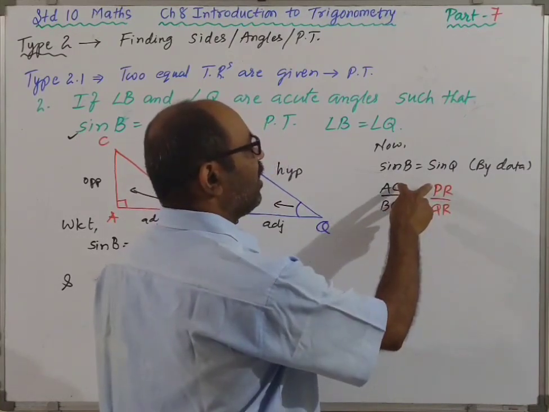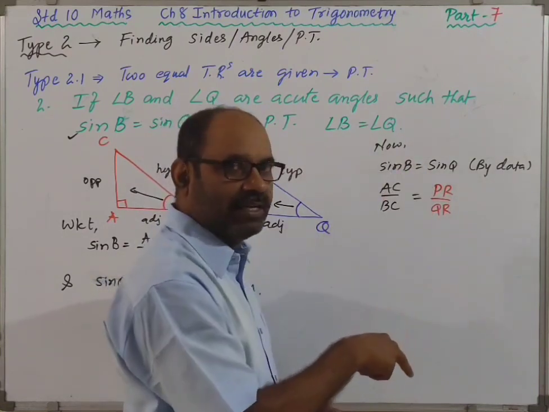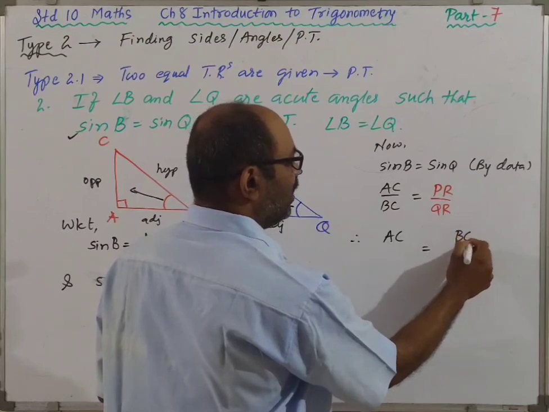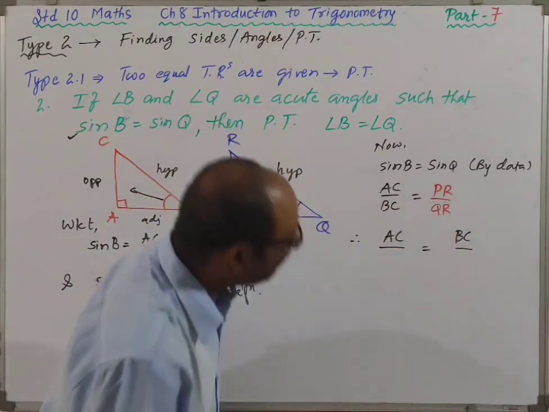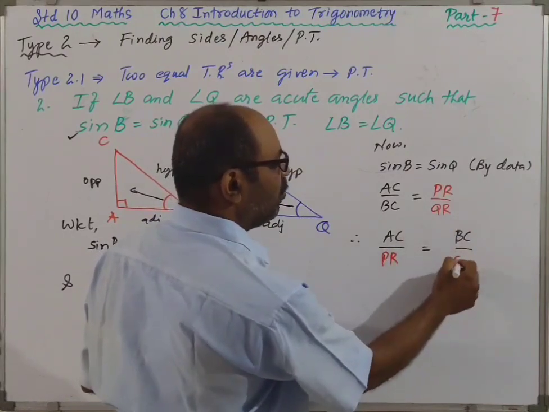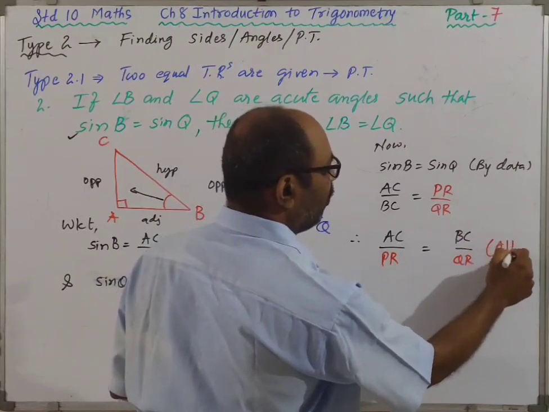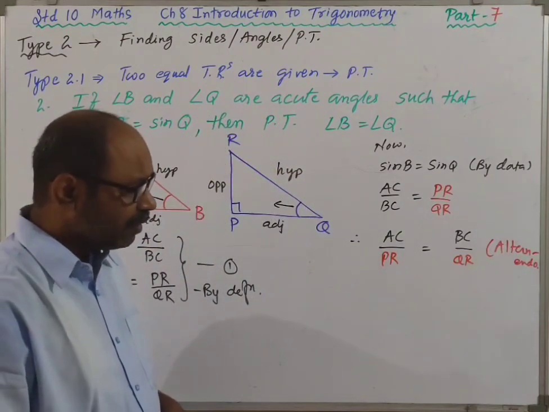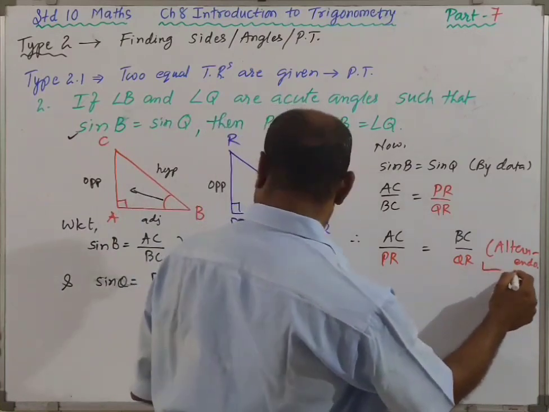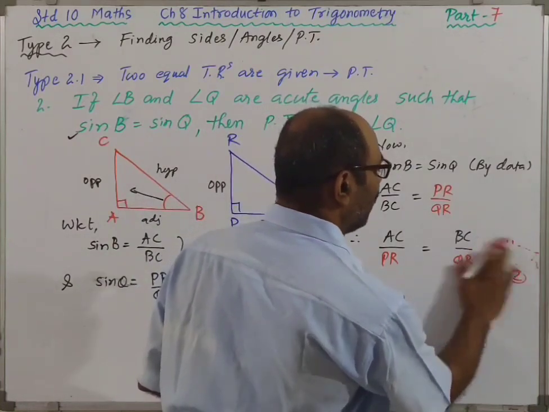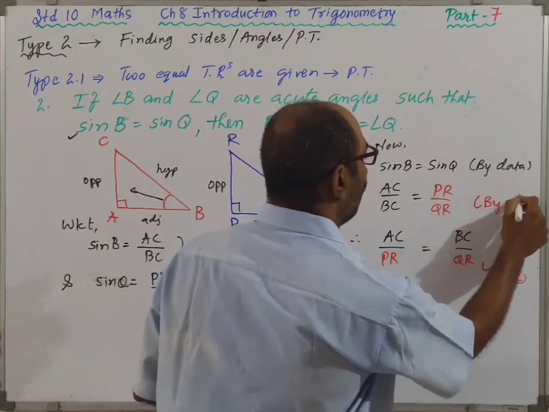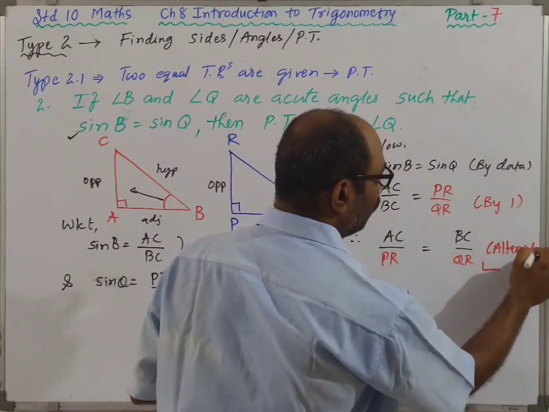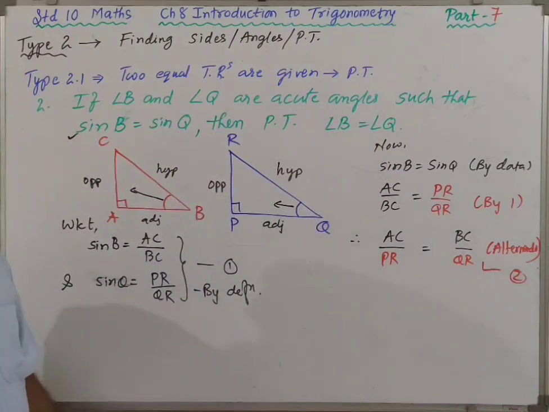I mean, two sides of the same triangle should be on top and the two sides of the other triangle should be at the bottom. So let's use alternando. Therefore, AC upon PR is equal to BC upon QR. On the left AC is there, PR came down, and on the right-hand side BC is up and QR is already down. Alright, you used alternando. I'm going to call this result 2, and this you got by 1 and alternando.